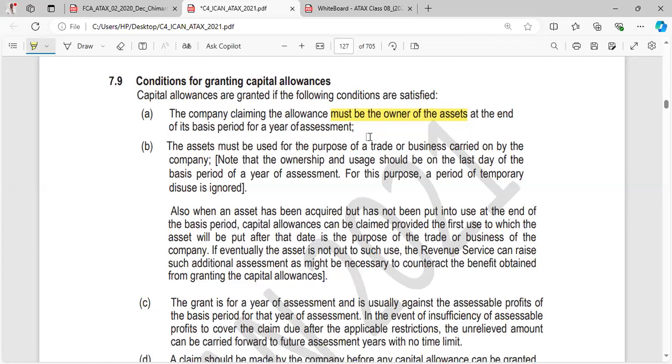But in financial lease, the asset is supposed to be yours at the end of the period, but while the lease is ongoing, the asset is not yours. So normally by default, you shouldn't claim capital allowance on them. That is what this is saying.